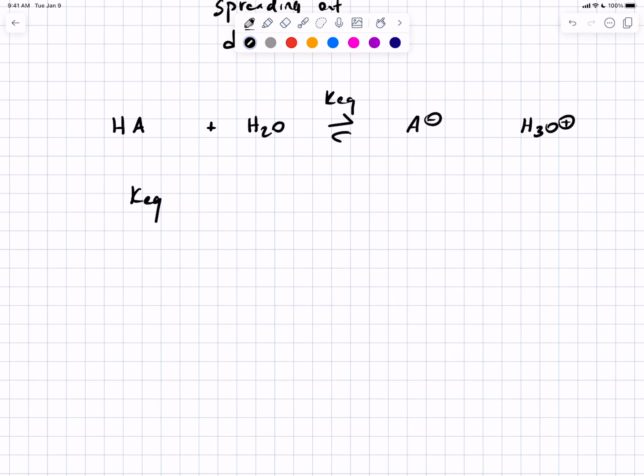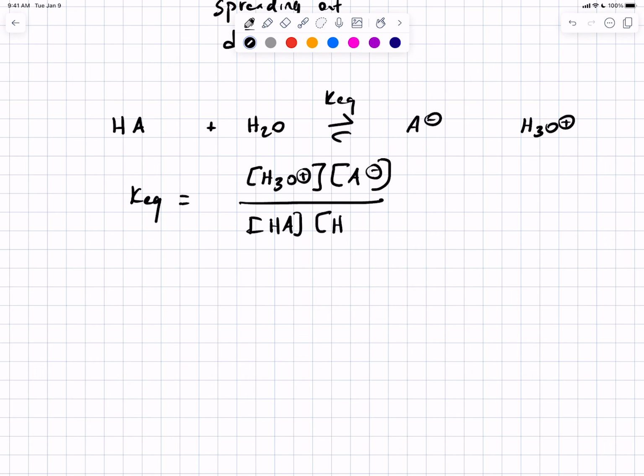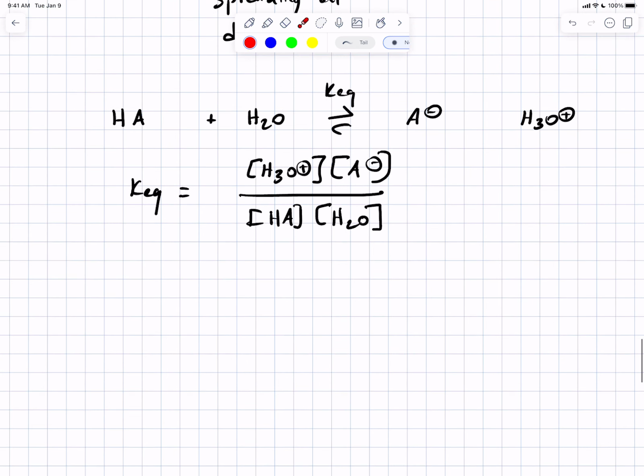The equilibrium constant for this reaction would be H3O plus times A minus divided by HA, over the concentration of water. Before, water was probably sort of left out of this, but you don't have to.